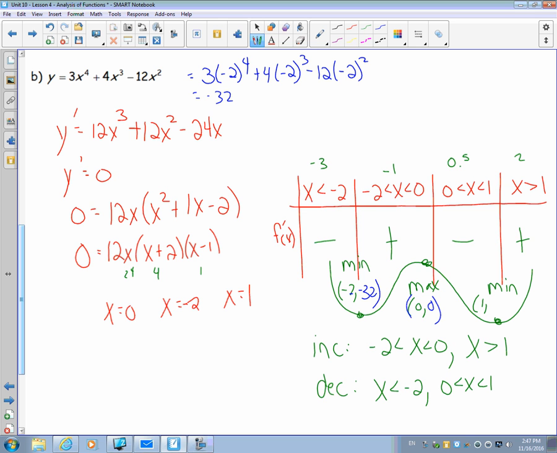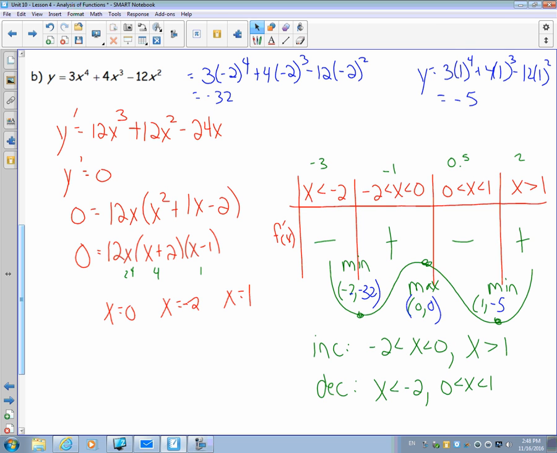If we do the same thing with the 1 in there, we'll have 3 times 1 to the 4, which is just 3, plus 4 times 1 to the 3, which is just 4, minus 12 times 1 squared. So in other words, we get 3 plus 4 minus 12, or -5. And there's our 3 turning points, our stationary points, again with just calculus.